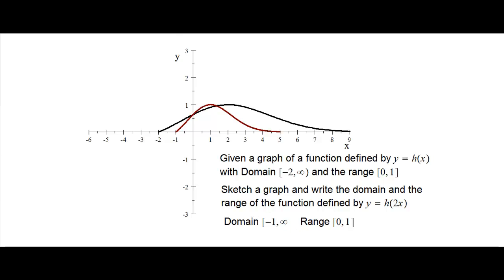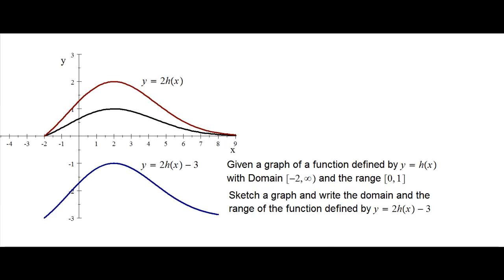One second. I'm sorry about that. I can't really include infinity, can I? So here you go. Again, I made a mistake, too late in the evening. So the domain is the interval starting at negative 1, including negative 1, and going all the way to infinity, and the range is the closed interval 0, 1.